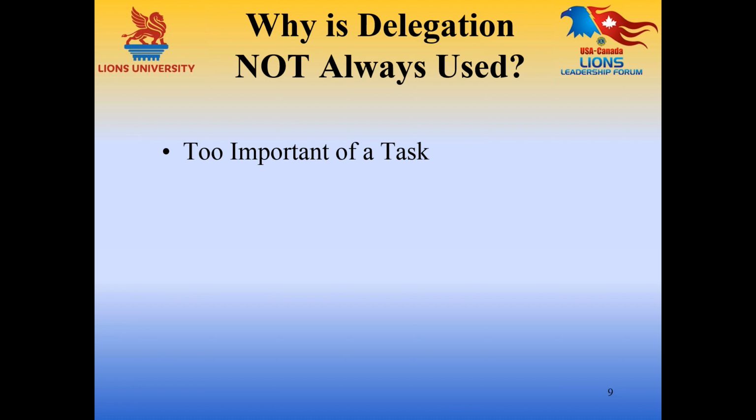Too many times we see someone like a district governor delegate a task to someone and then continue with the task on their own in some form or fashion. For instance, a district governor may receive a notice from LCI, or from maybe their multiple district GMT, notifying them that someone has inquired about joining a Lions Club in their district, and they are provided the contact information for that potential new member.